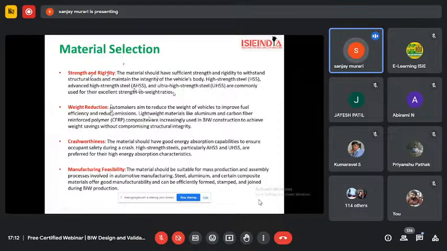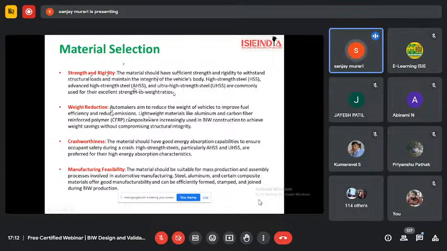To overcome this disadvantage, aluminum is the alternate material we can think of. Aluminum has low weight, but it should also provide good strength.